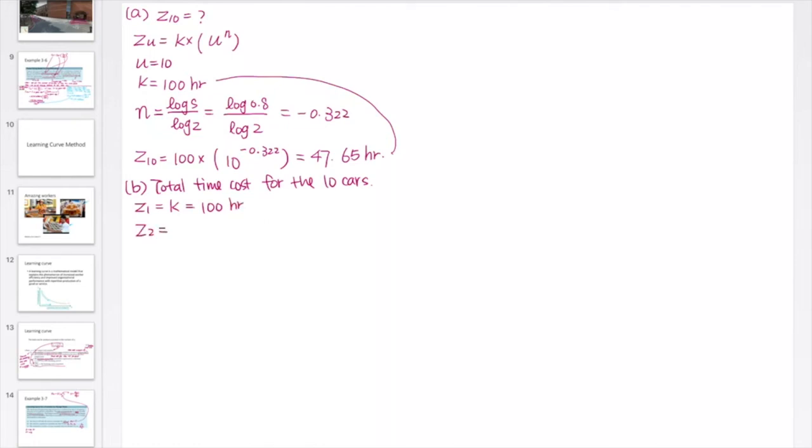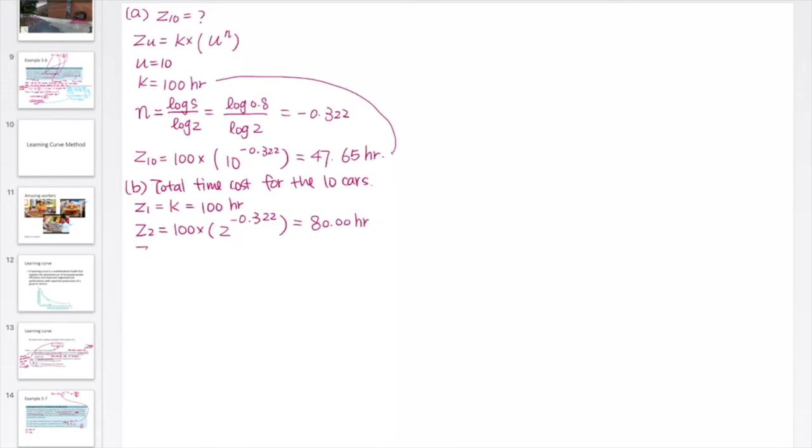But for Z2, you need to use this equation again. Z2 means u is 2, you're looking at the second unit. The time cost is 100 times 2 to the power of n, which will stay the same because you have the same learning rate, 0.8. So it's the same n, negative 0.322.